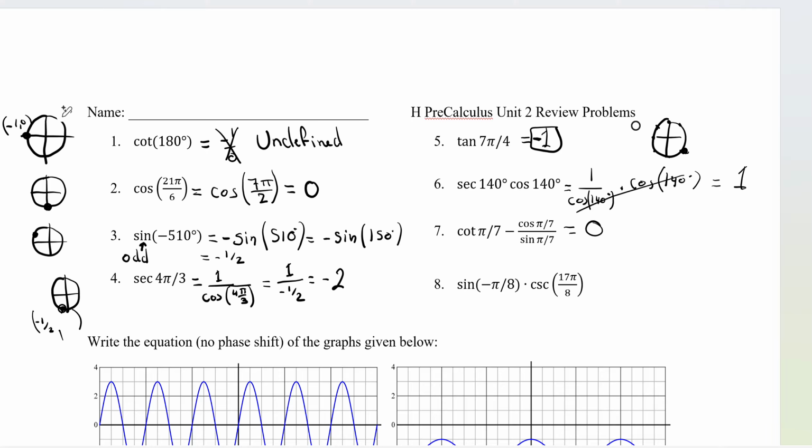And here we have sine of -pi over 8. So we have to reconcile that this is an odd function. Therefore, this is the same thing as negative sine, sorry, that's not 7, that's pi over 8. And then we have a cosecant of 17 pi over 8, which is really just the same as a cosecant of pi over 8.